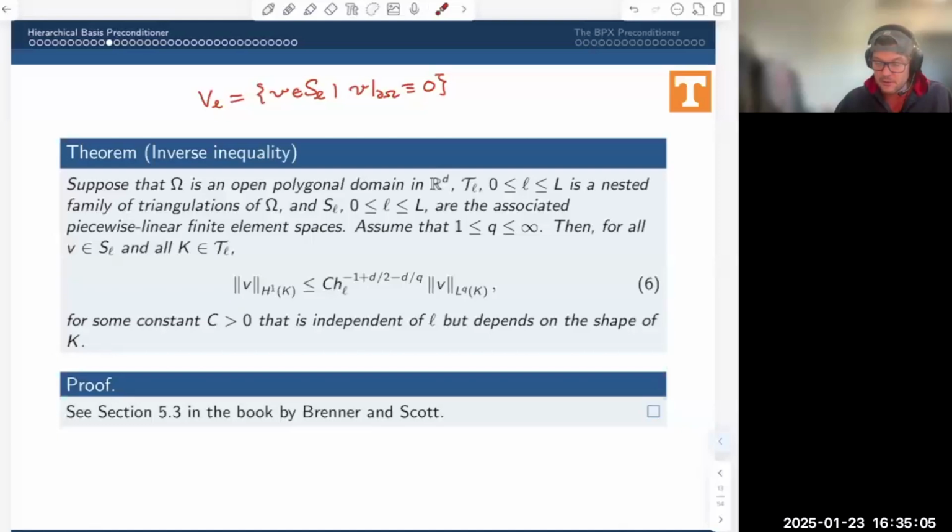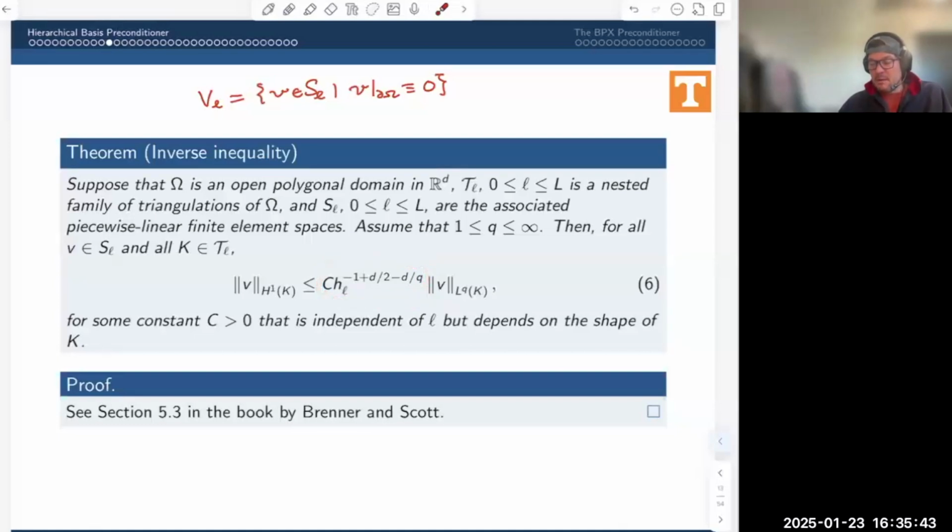When I try to control a heavier norm with what's called a lighter norm, I have to pay the price of incurring these coefficients here, which depend on HL, the mesh spacing, and they can depend on the mesh spacing in a kind of bad way, namely these HLs, by virtue of the fact that I have negative numbers here, appear in the denominator, so that as HL gets smaller and smaller, this constant blows up.